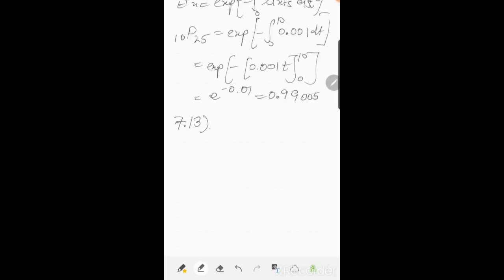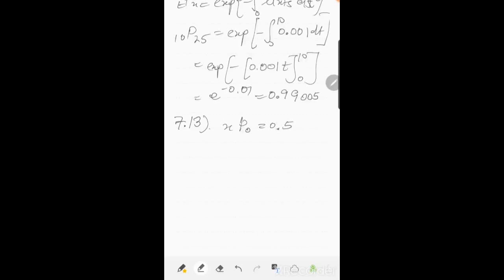Then we have another question, 7.13 from the notes. This question says if mu x takes a constant value of 0.025 at all ages. This question is different. It's now saying at all ages. Calculate the age x for which xp0 is equal to 0.5.